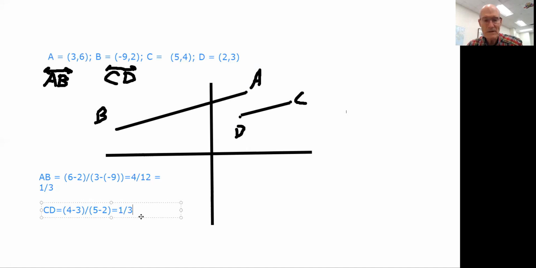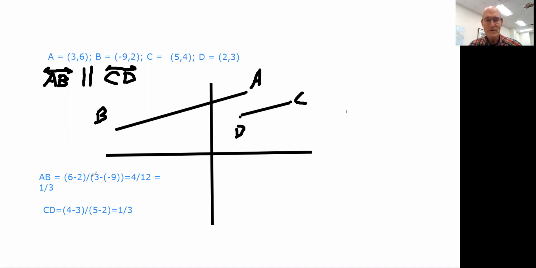So since the slopes of AB and CD are equal, then these two lines are parallel. And I could say AB is parallel to CD. So when you're making decisions about whether two lines are parallel or perpendicular, you sketch them to see if it's even reasonably close to one or the other.